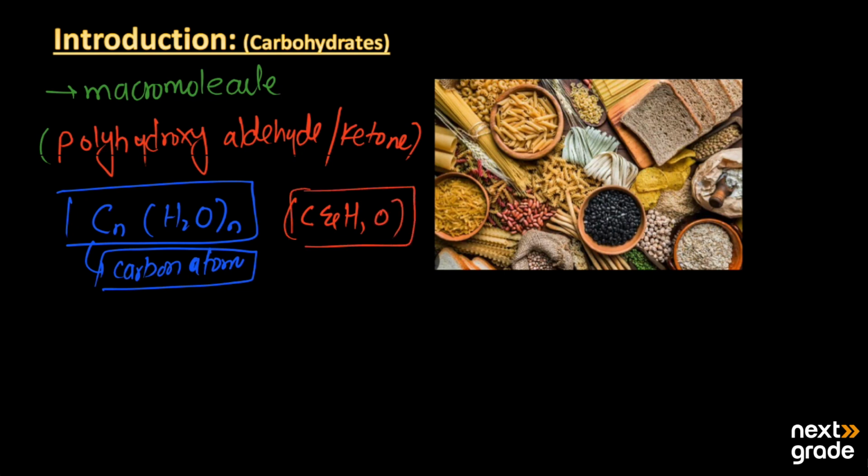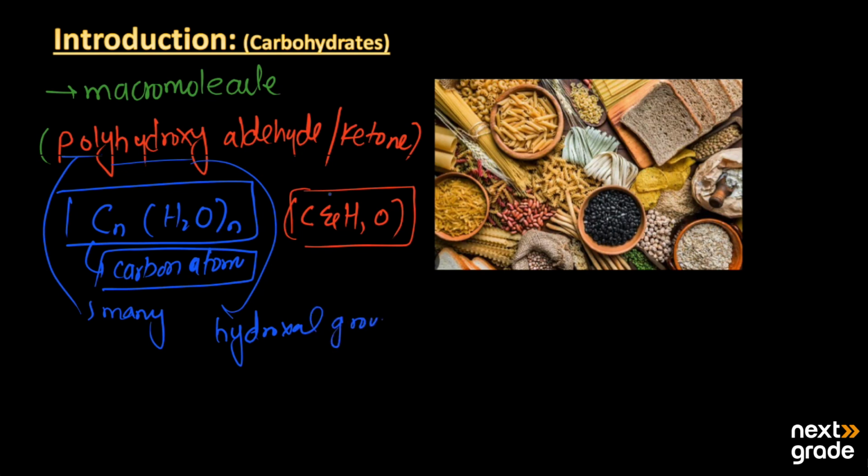So they are known as polyhydroxy. Here the word is poly. Poly means many and hydroxy means the hydroxyl group, and aldehyde means there may be an aldehyde group like C double bond OH, or the ketonic group which is C double bond O R. So both the groups may be present over there.